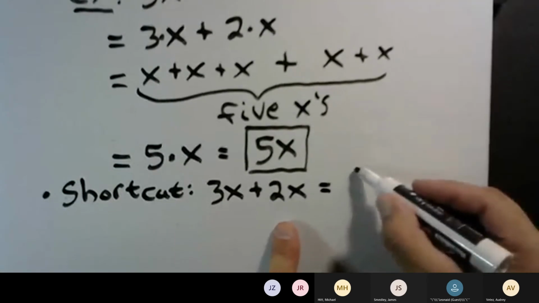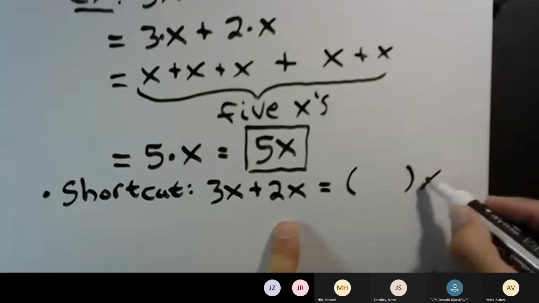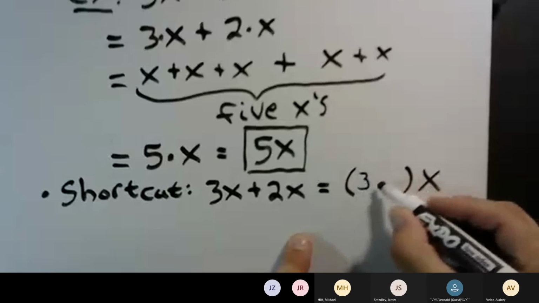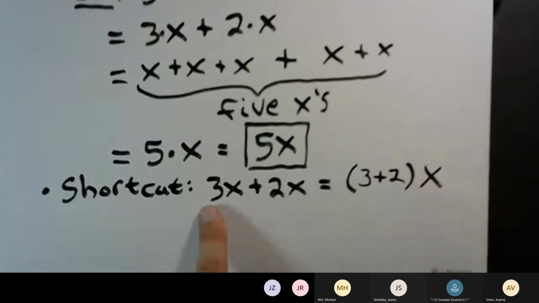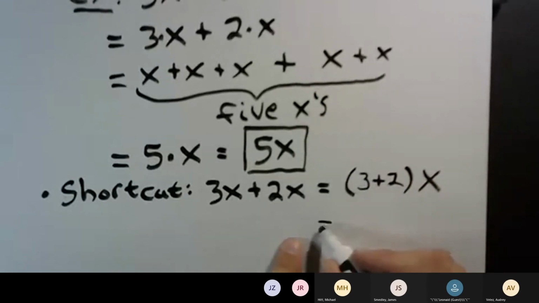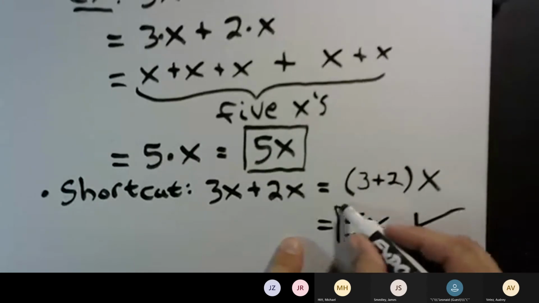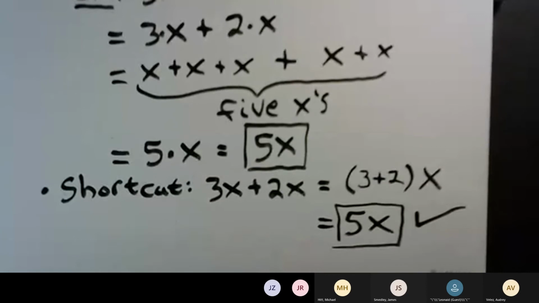So what we can do is give x a coefficient of 3 plus 2. We just add the numbers in front. And that gives us 5x. So what's happening here is we're using a shortcut to summarize a whole bunch of stuff going on in the background. Questions about that?